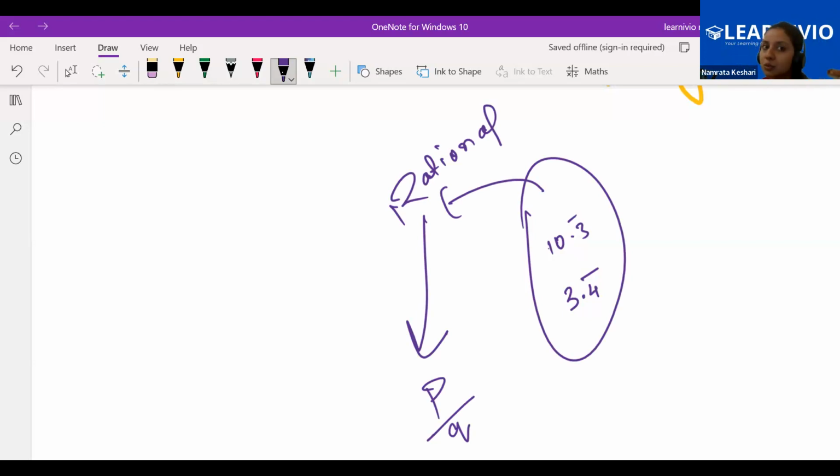Locating root 2, locating root 3, locating root 5, I was explaining in the next class. This is also something we have discussed already. Yes or no? Yes, ma'am. Yes, but today I will check whether you have understood or not, because that day we were doing it quickly.